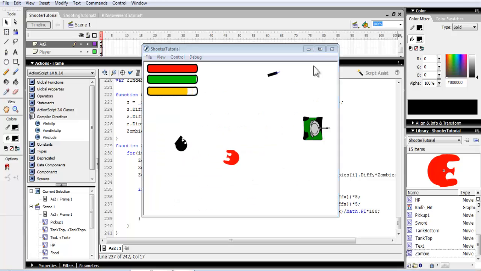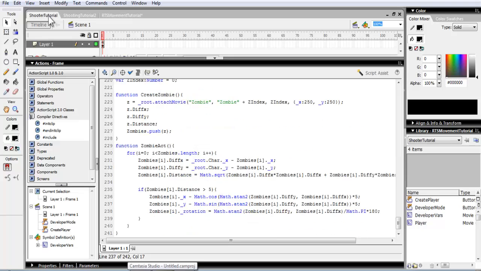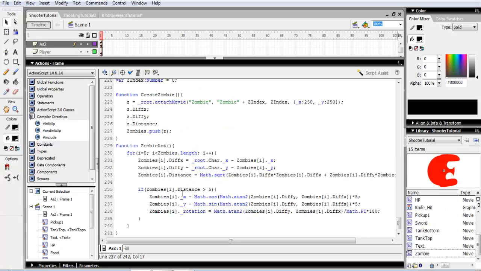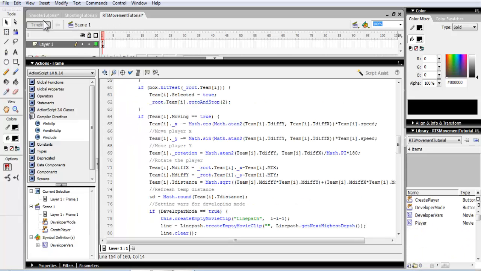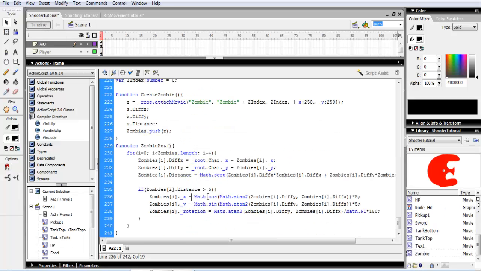So it should work. Probably done something wrong. Oh, I know what we've done wrong. Stupid. We don't need zombies dot underscore, or do we? Yeah. Oh, minus equals.